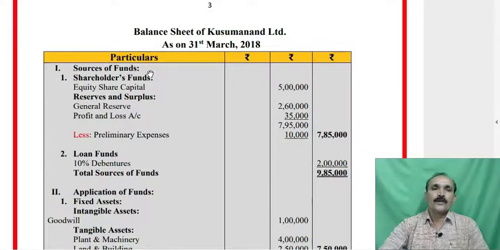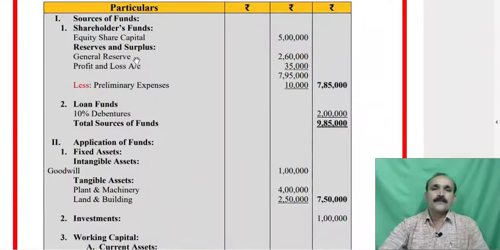First, source of funds. Sub-point, shareholders' fund: equity share capital 5 lakhs. Reserve and surplus: general reserve 2,60,000, profit and loss account 35,000. It is a transfer from the income statement or profit and loss account.